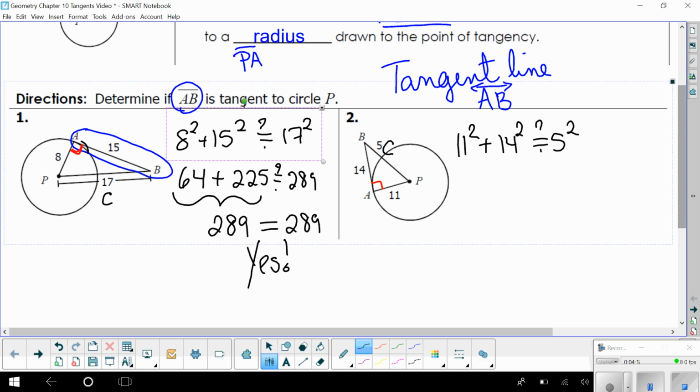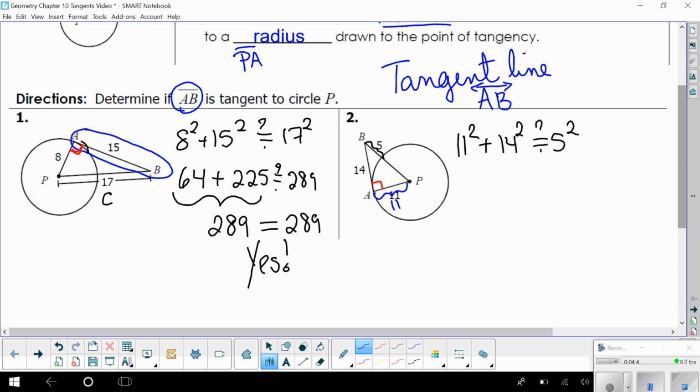Did I do something wrong here? Of course I did. I want you guys to see something. Do you see how this right here is 11? This 5 right here only works for that right there.